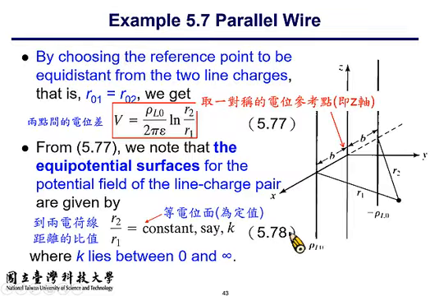It's proportional to the amount of line charge density, and it's also proportional to the log value of R2 over R1. So for every constant value of R2 over R1, you will have the so-called equal potential surfaces or equal potential lines.